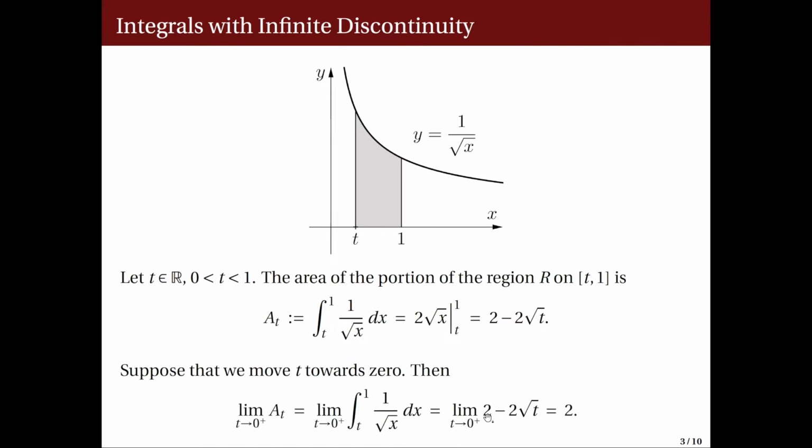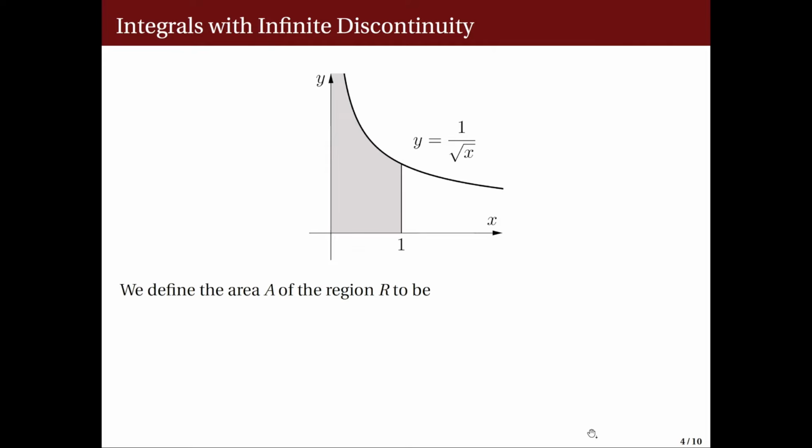Now, when we solve for the limit of A sub t as t goes to 0 from the right, that is equal to the limit of 2 minus 2 square root of t as t goes to 0 from the right. And clearly, the square root of t tends to 0 as t goes to 0 from the right. Hence, this gives us a finite value, 2.